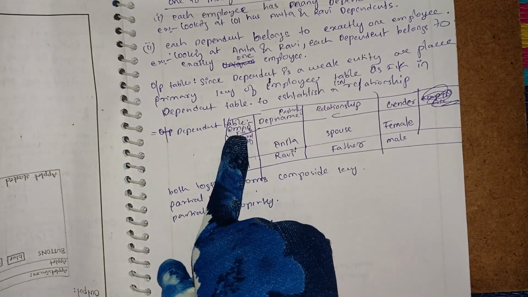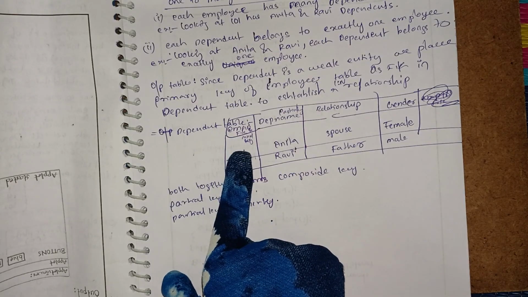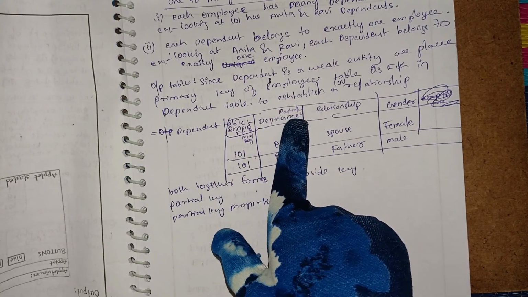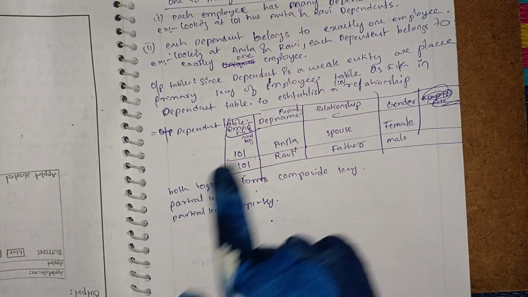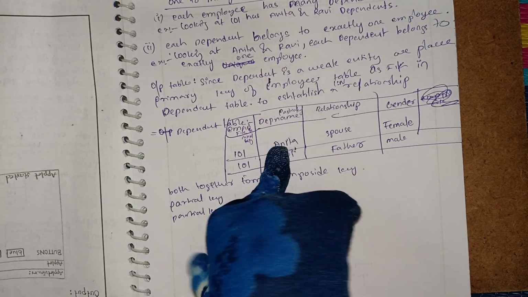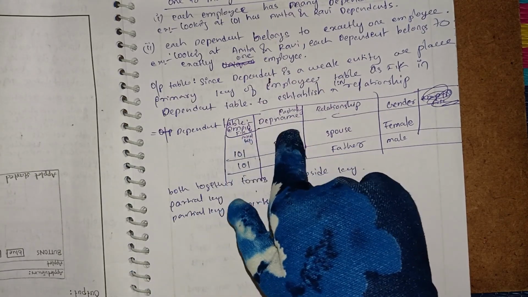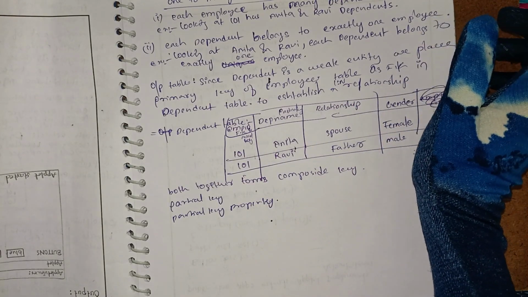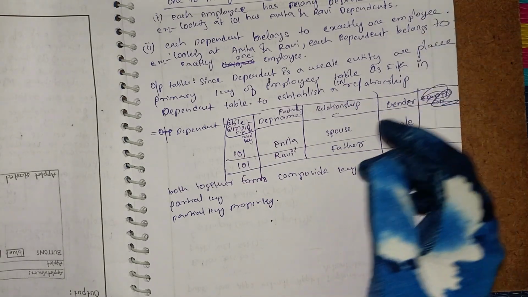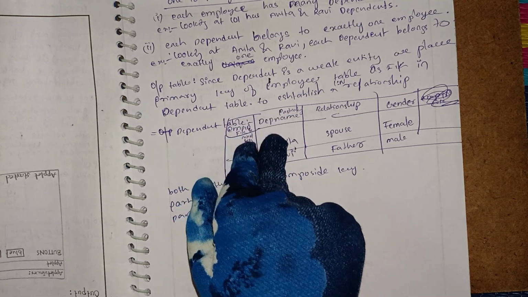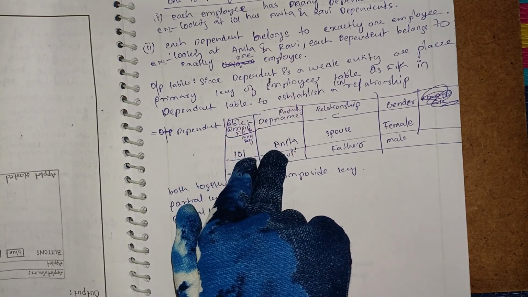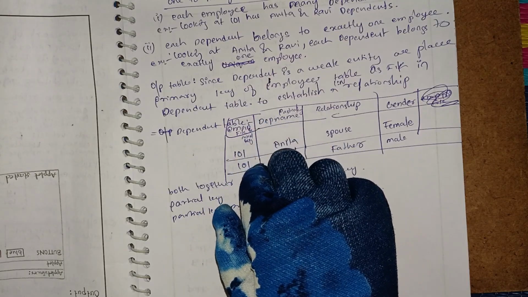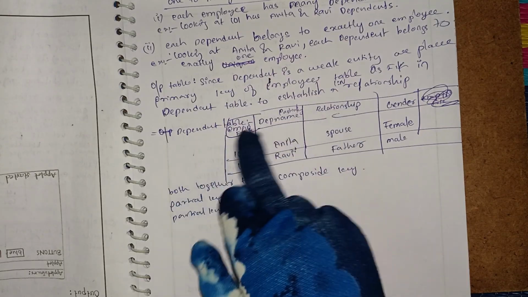It represents a foreign key as well as a partial key, and dependent name represents a partial key. These two combined represent a composite key. Both represent the primary key of this dependent table.